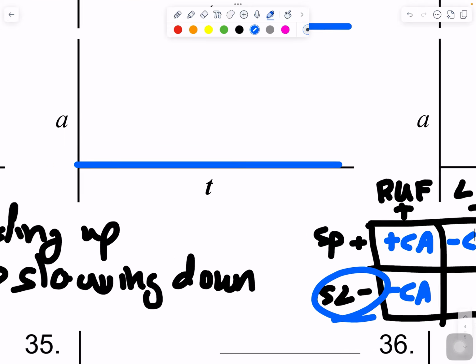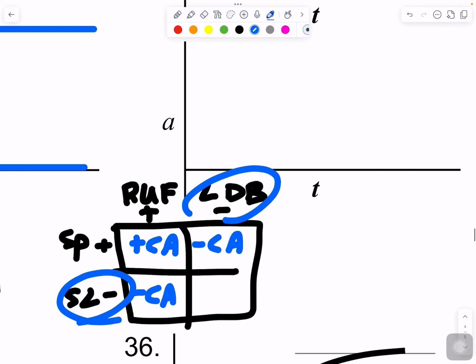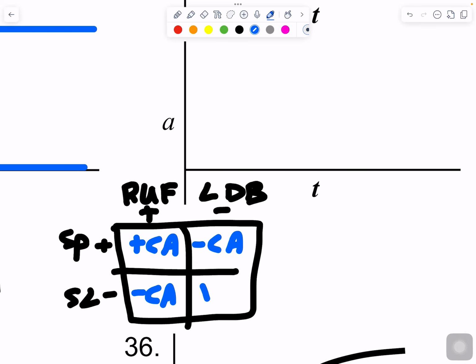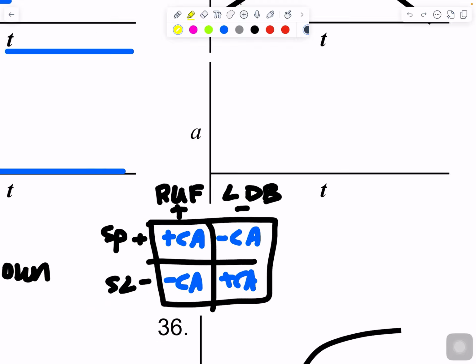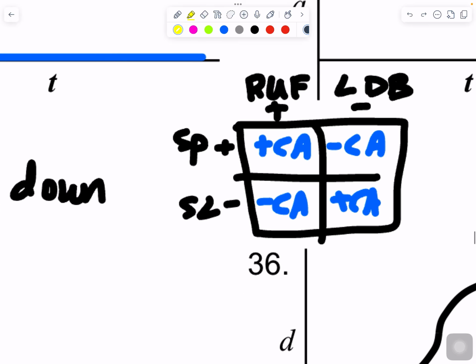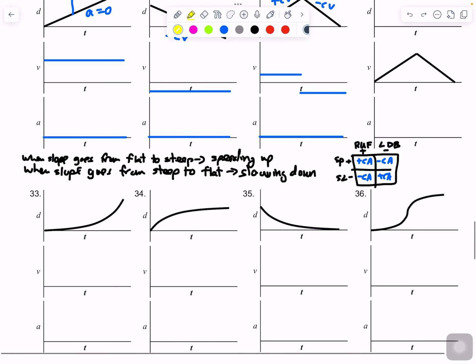And slowing down in a negative direction would be positive constant acceleration. And I don't know if you guys see the analogy here, but it kind of looks like what happens when we multiply integers. Positive times a positive is a positive. Negative times a negative is a positive. Negative times a positive is a negative. So it's very analogous to what happens when we multiply integers too. So this is a good resource to tell us about the overall nature of acceleration.